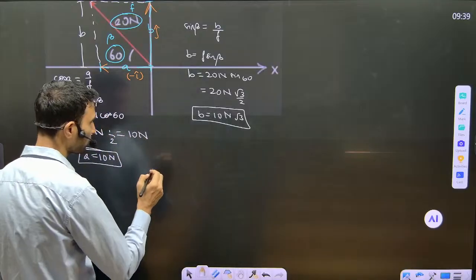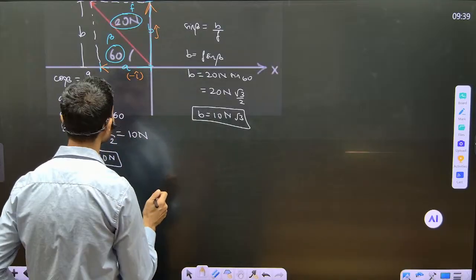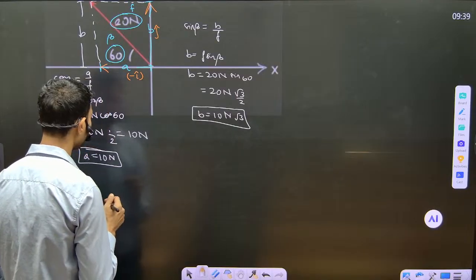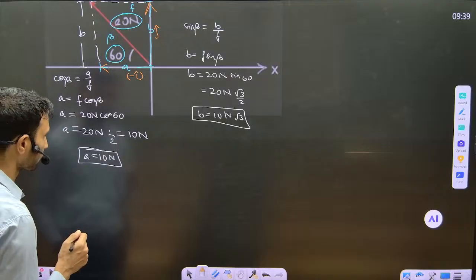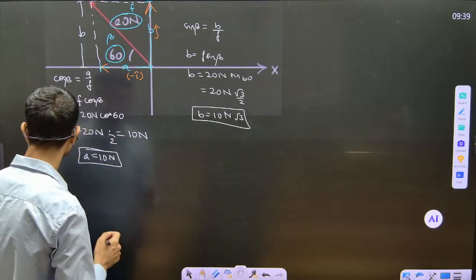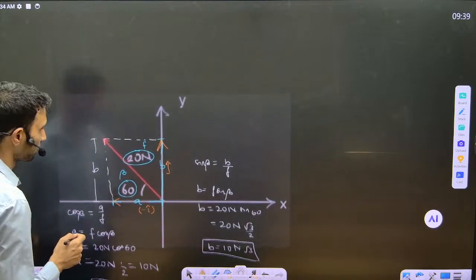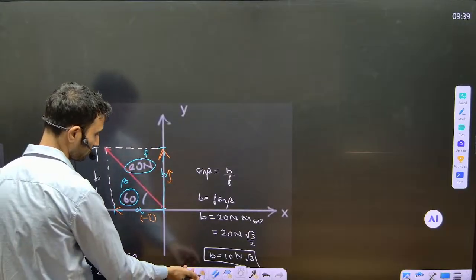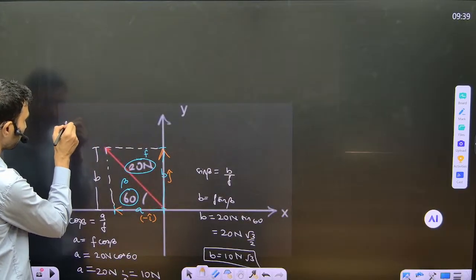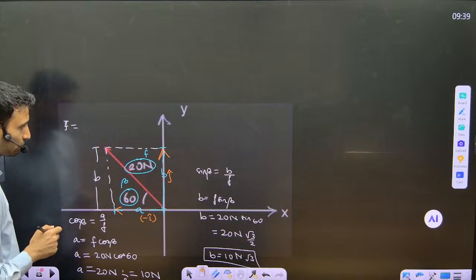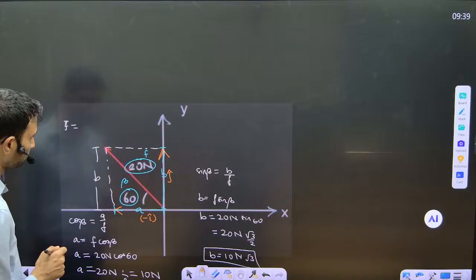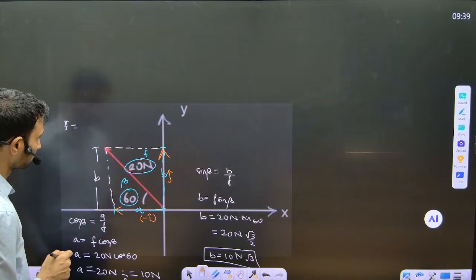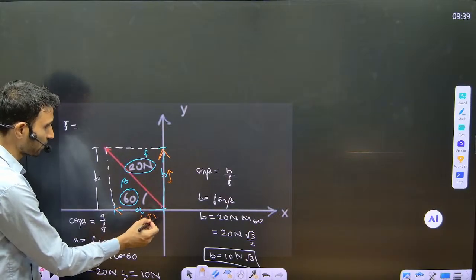Now let's write down the vector F. So here F vector equal to this vector plus this vector, right?